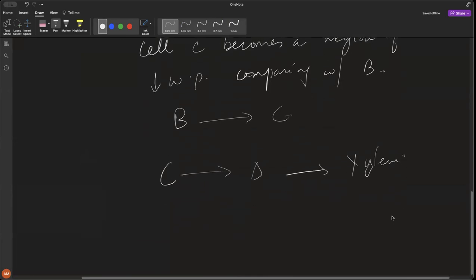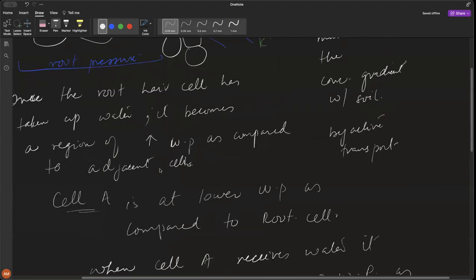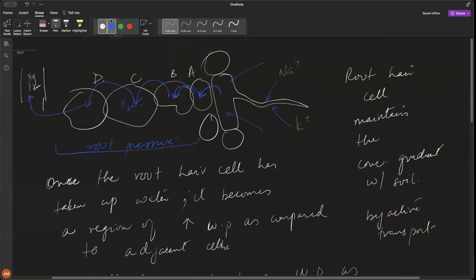All of these cells from the root hair up till there are called cortex cells. This is the cortex of the root, right? This is the root hair cell. It is a specialized cell, different from all the cortex cells.